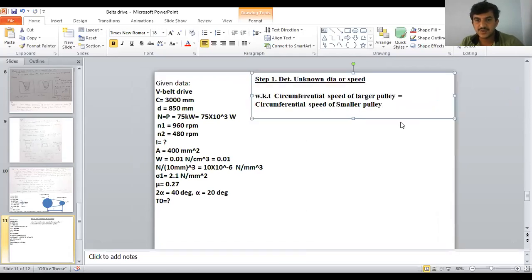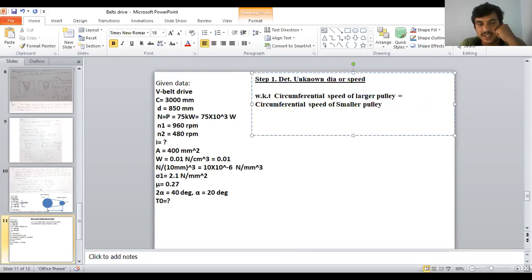Now we substitute. You know the formula: circumferential speed is equal to pi dn by 60.